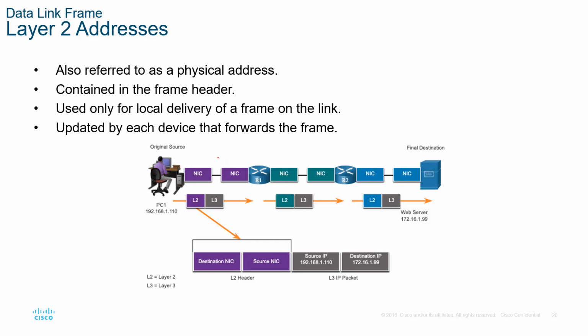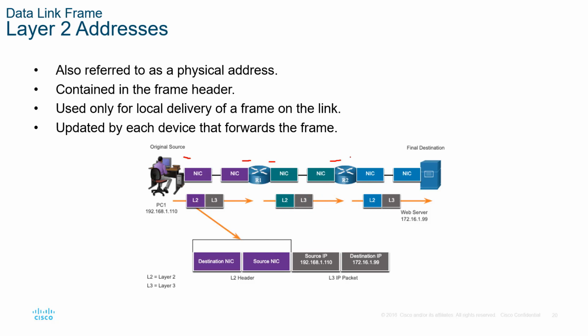That means our frame is going to use the NIC MAC address as the source and this as the destination. The router will take it, strip off the layer 2 frame information, review the layer 3 information, and then replace it with this source MAC address and this destination MAC address. Notice this being aqua. Down here, you'll notice that the layer 2 frame is now aqua. The layer 3 packet header stays the same.